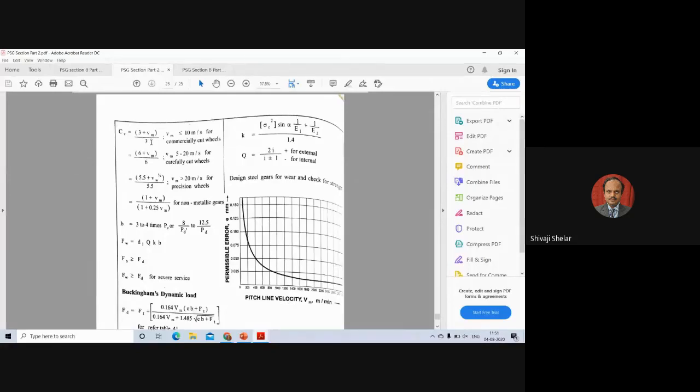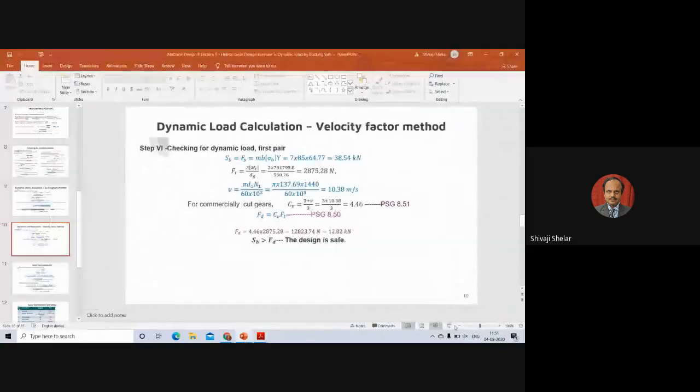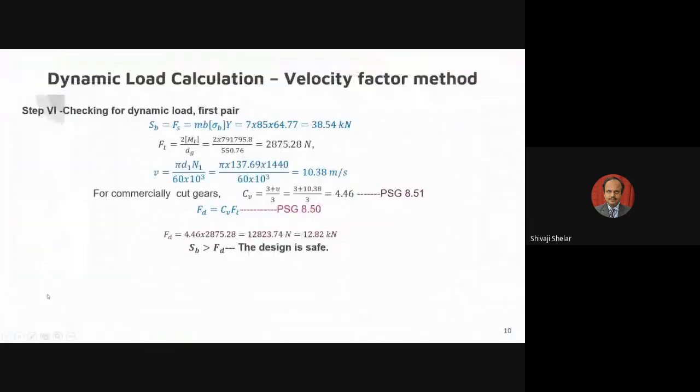Because there is not much difference in the velocity factor application between helical gear and spur gear, if you do this calculation, we have FD is equal to CV into FT, from page number 8.51.